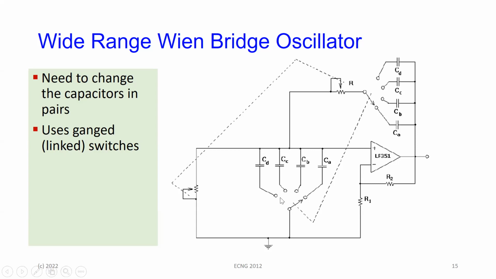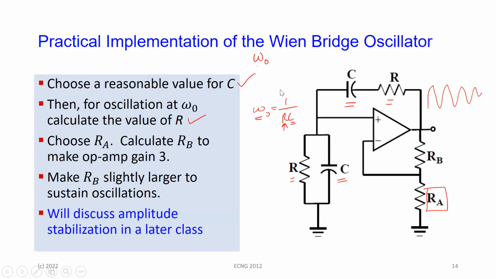So the push buttons in the signal generator change these capacitors together, and the dial in front with the vernier scale on it will change these 2 resistors together. Yeah. So questions.